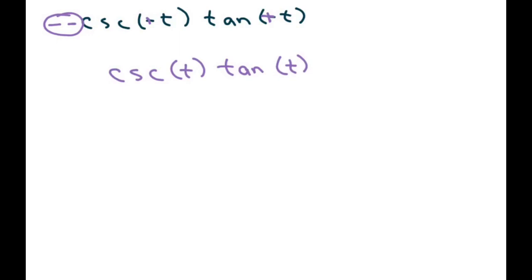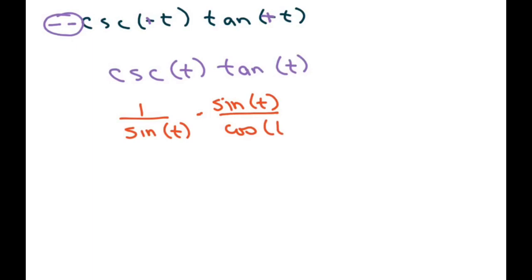I'm going to simplify this now by writing it in terms of sine and cosine, 1 over sine of t times sine of t over cosine of t. Now, these two cancel, so we get 1 over cosine of t, which equals secant of t.